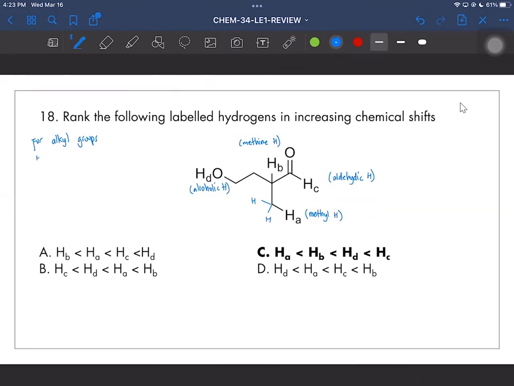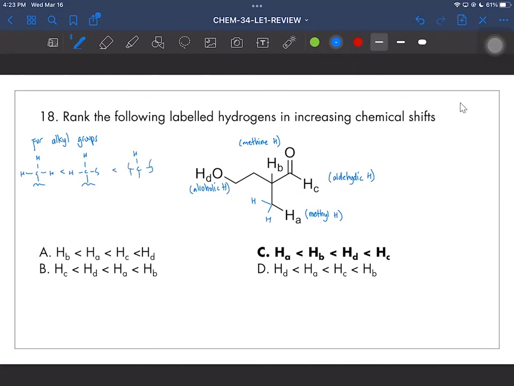So yung methyl natin would be the most upfield, followed by yung methylene. So methylenes would start to become downfield na. And last is our methine groups.